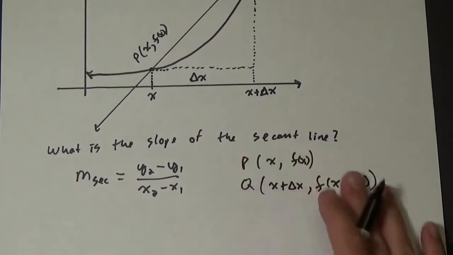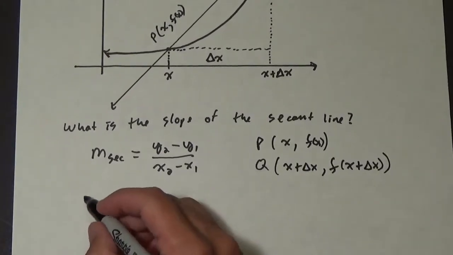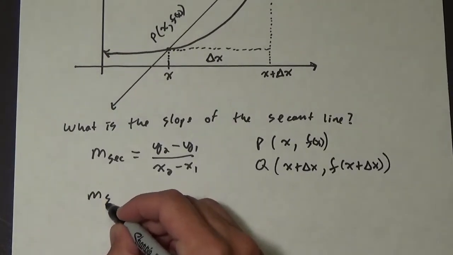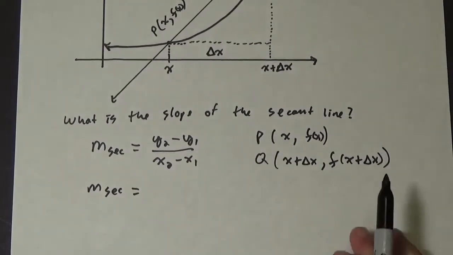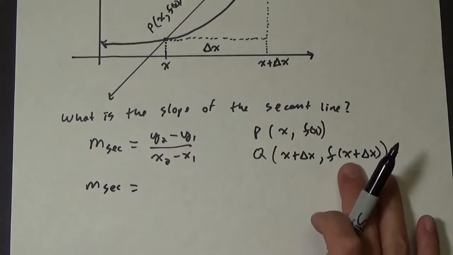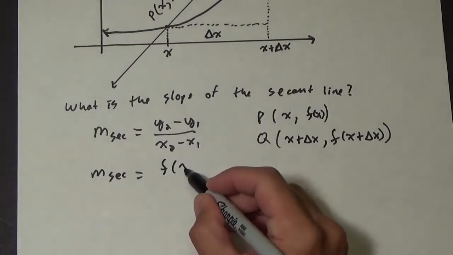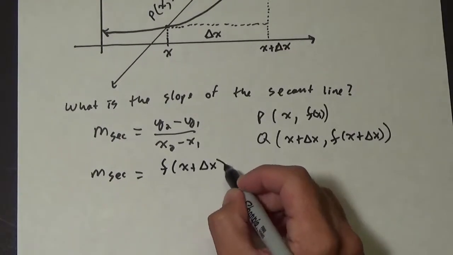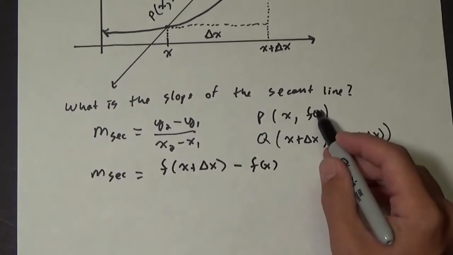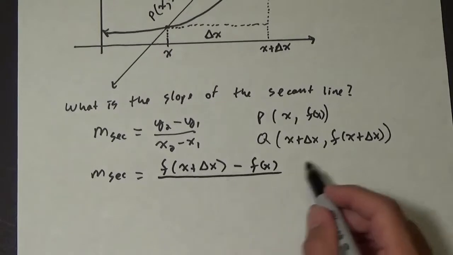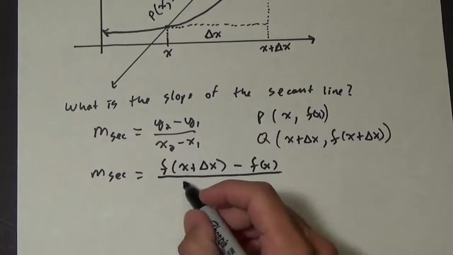Alright, so let's put all this information into our slope equation for the secant. So the slope for the secant, so we need a y2 and a y1. Now to make this work, I'm going to make this y2. So we're going to have f of x plus delta x minus f of x. And then this is all going to be, so this was y2 and y1, and so this is going to be x2 and x1.